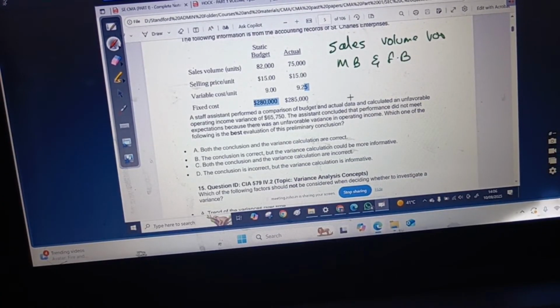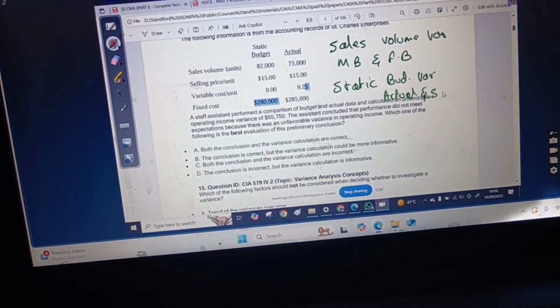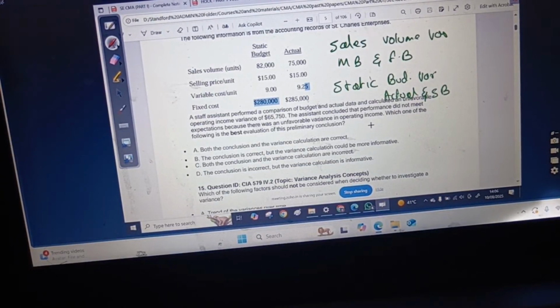When the question asks about static budget variance, you have to compare between actual and static budget or master budget, whatever it is. Alright? Any doubt? When they ask for flexible budget variance, the comparison should be between actual and flexible budget. That is already covered.